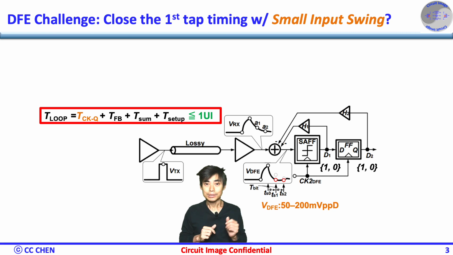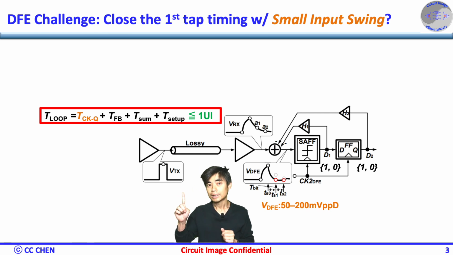The input swing over I high will determine the clock to Q delay of the sampler, which dominates the feedback loop timing. Again, the whole loop delay, including the sampler's clock to Q delay, feedback path delay, summing node sampling time, and sampler's setup time, must be within 1 UI.